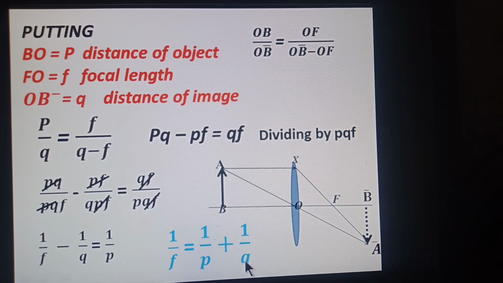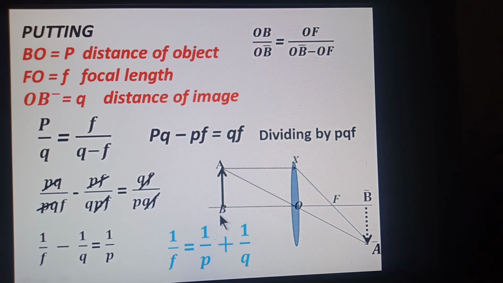Q is the distance of image and value of Q is positive for real image and Q is negative for virtual image. Students, a virtual image is one that we cannot obtain on the screen, where the rays of light do not actually meet, but they appear to be meeting there. So this image is virtual, its value will be negative.